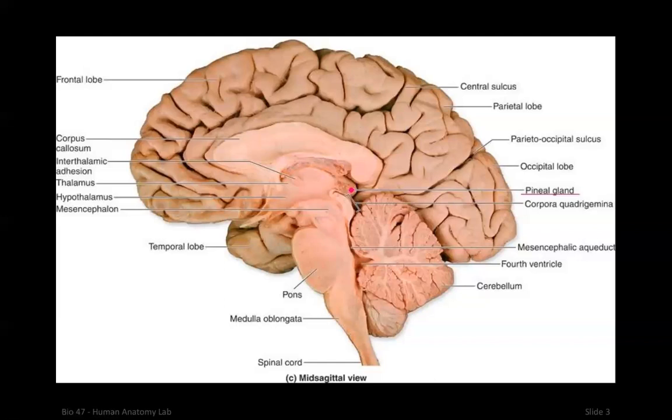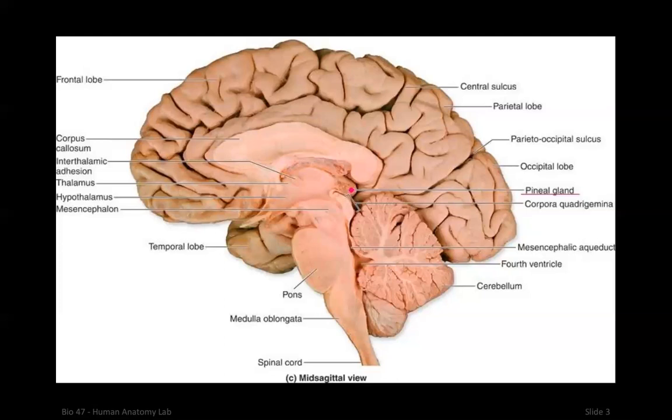The next section is where my mouse is now. That's the mesencephalon, or the midbrain. It's the first portion of the brainstem, and it contains these features called the superior and inferior colliculi. These are two pairs that process visual and auditory information and generate reflex responses to those stimuli.